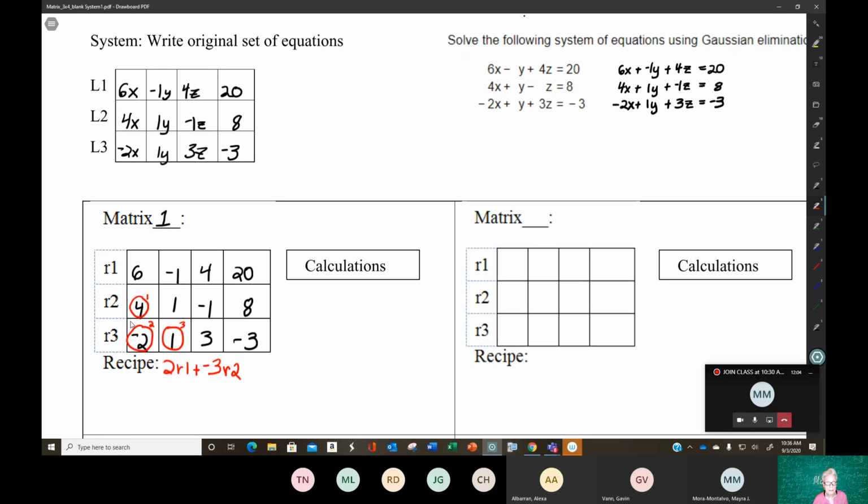So here's what I'm going to do. I'm going to add 2 times all of the numbers in row 1 to -3 times all of the numbers in row 2. And all I care about is what I get when I add these two numbers. Of course, I'm going to add all of them.